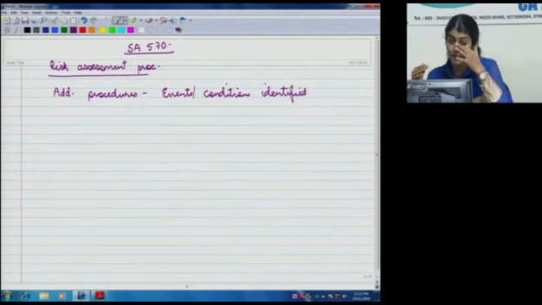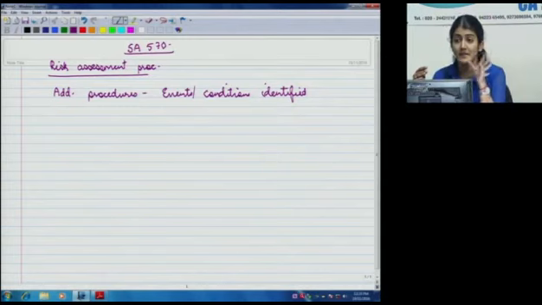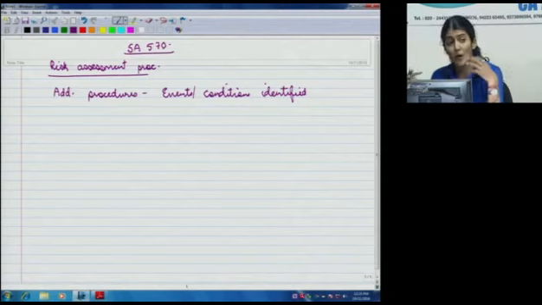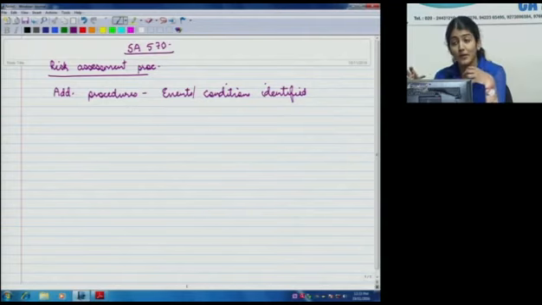So what are the additional procedures? We said all the audit procedures of SA 560, subsequent events. Read the latest minutes of the meeting, budgets, cash flow forecasts, interim financial statements, position of legal cases, all the audit procedures for subsequent events, all the inquiries of the management regarding subsequent events.